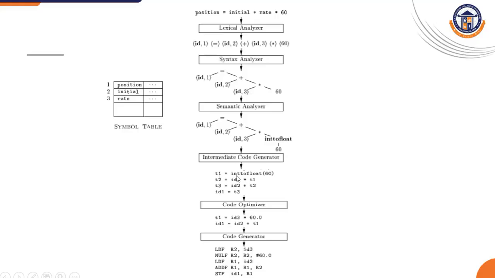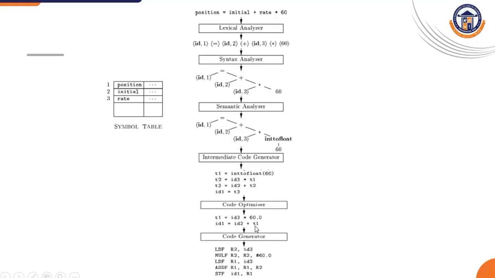So the first instruction can be modified to T1 equals id3 times 60.0. Then the two statements, T3 and id1 equals T3, are combined like this: id1 equals id2 plus T1. So this is the three address code.